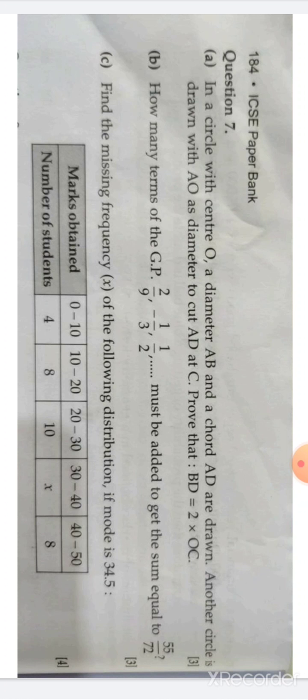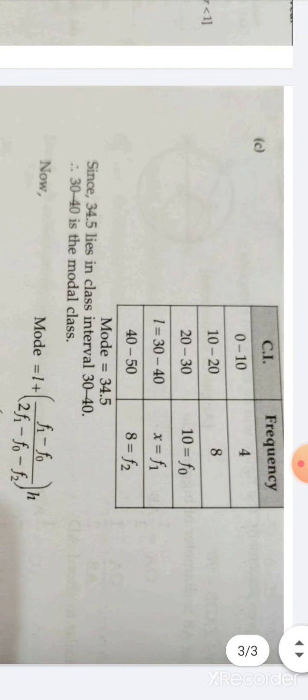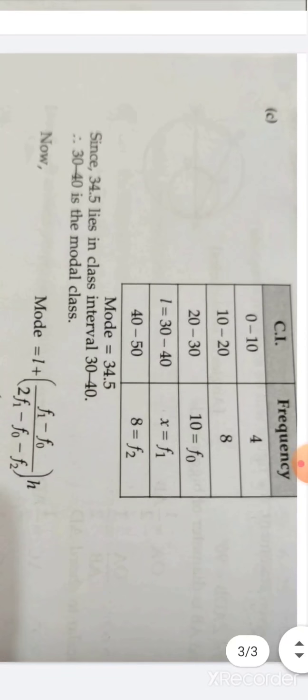C part is find the missing frequency X of the following distribution if mode is 34.5. Actually this is also not in syllabus, but if you want to see I can show you the solution and explain. So this is your question C, in which we are given class intervals and frequencies accordingly.